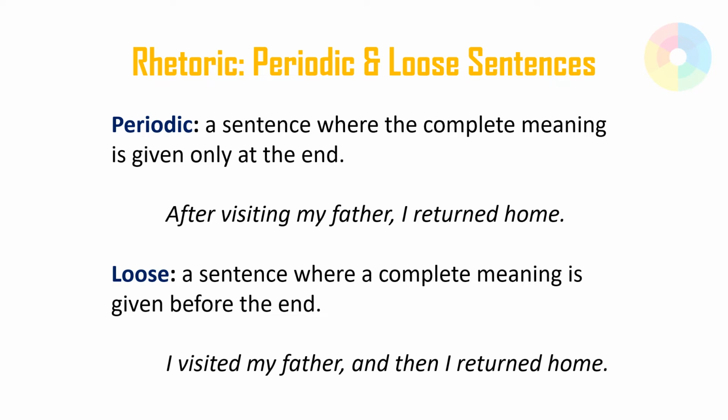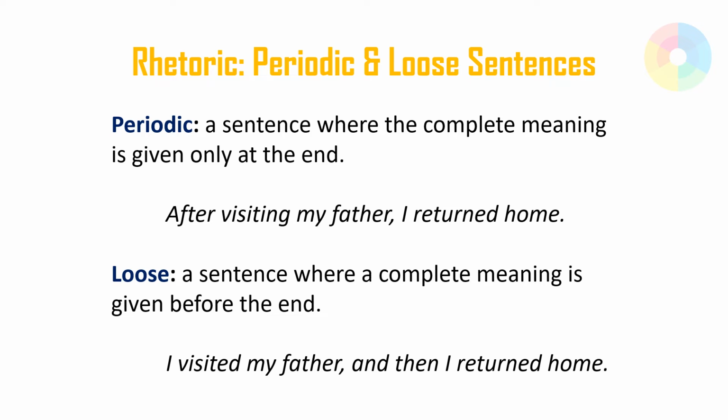For example, after visiting my father, I returned home. Okay, so this is a periodic sentence because the reader won't get the full sense of the meaning until they read up to and including the last word of the sentence, basically, right?